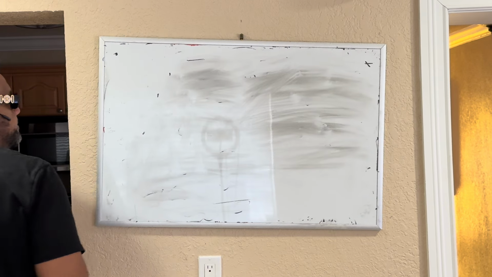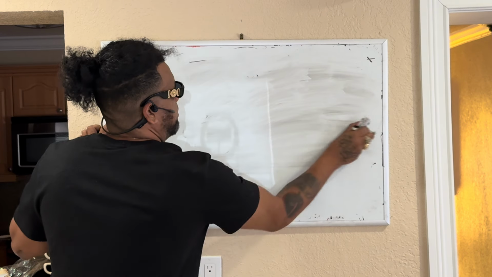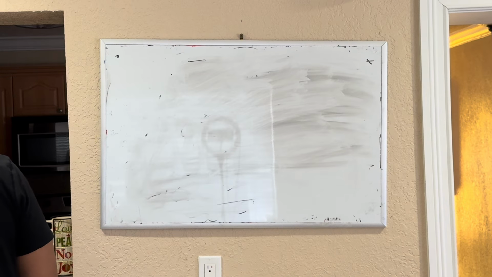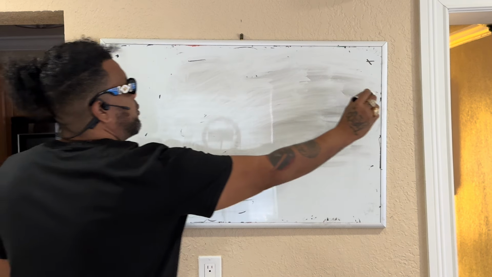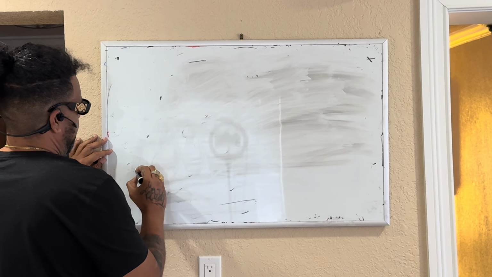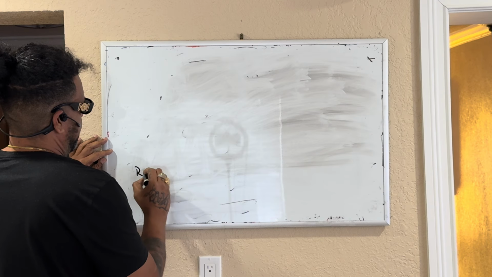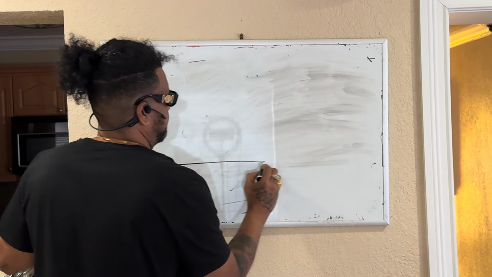So the chart is going to look just like a square. Now, you're going to have your RSI, your relative strength index here. It's going to look like a box.